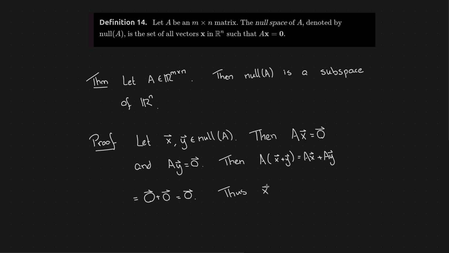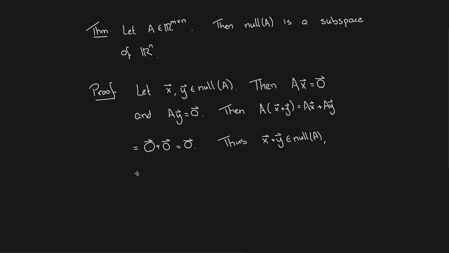Thus, the sum of two vectors in the null space is also in the null space of A, meaning the null space of A is closed under vector addition.